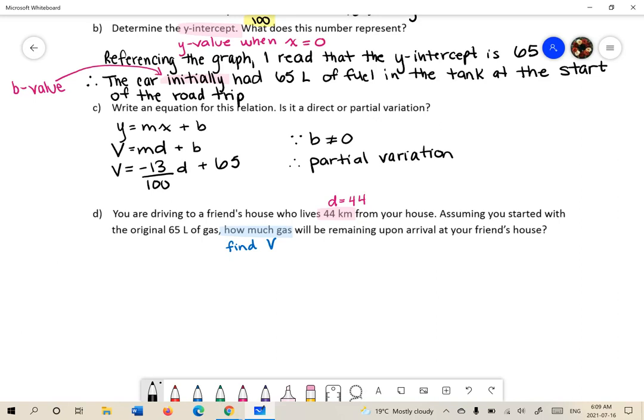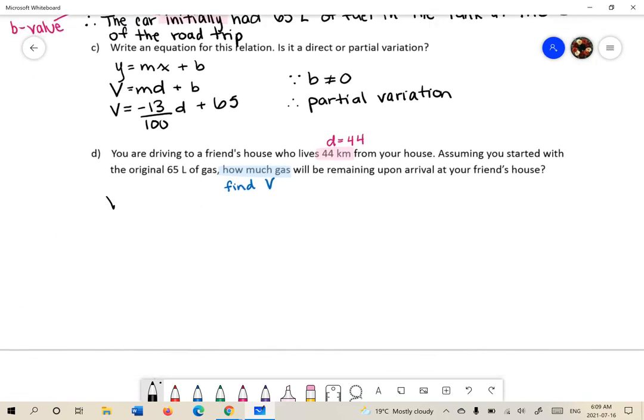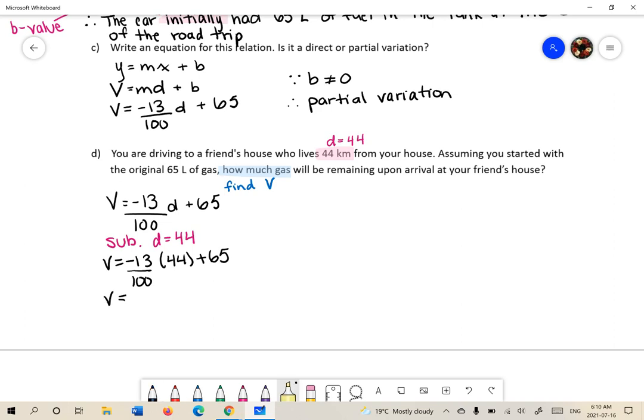Beginning by writing out my equation that we just created. I'm going to substitute 44 where I see d, and I'm solving for V, how much gas. Following BEDMAS, I'm going to simplify my multiplication before I add that 65.